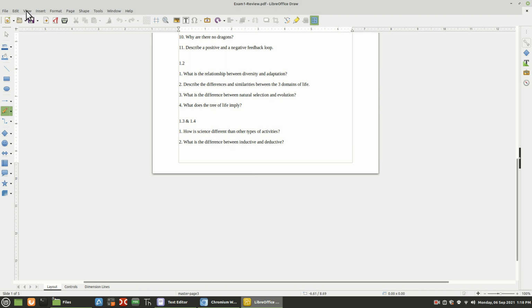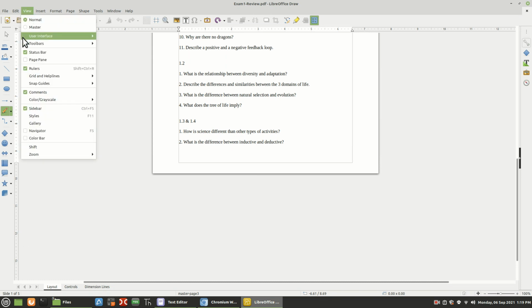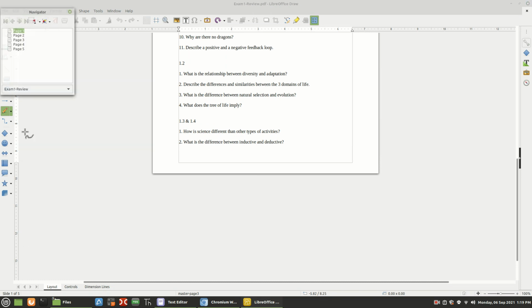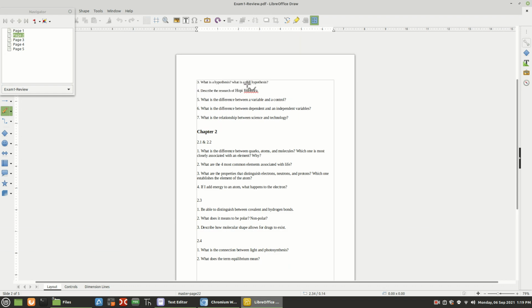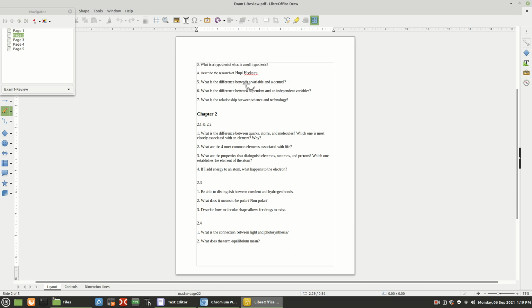So we can go to page 2. You need to know what a hypothesis and a null hypothesis are. You can look them up on the internet, the book, whatever. Reading in the book, you need to read this research.